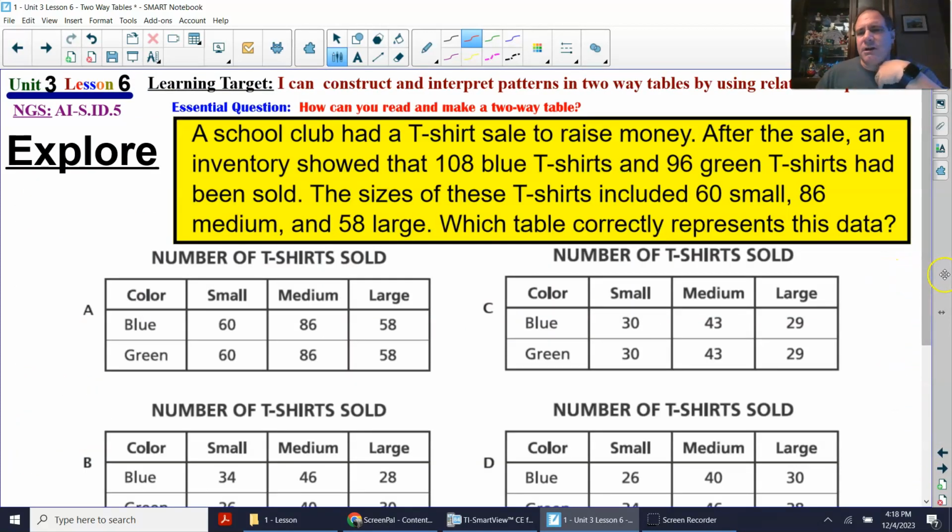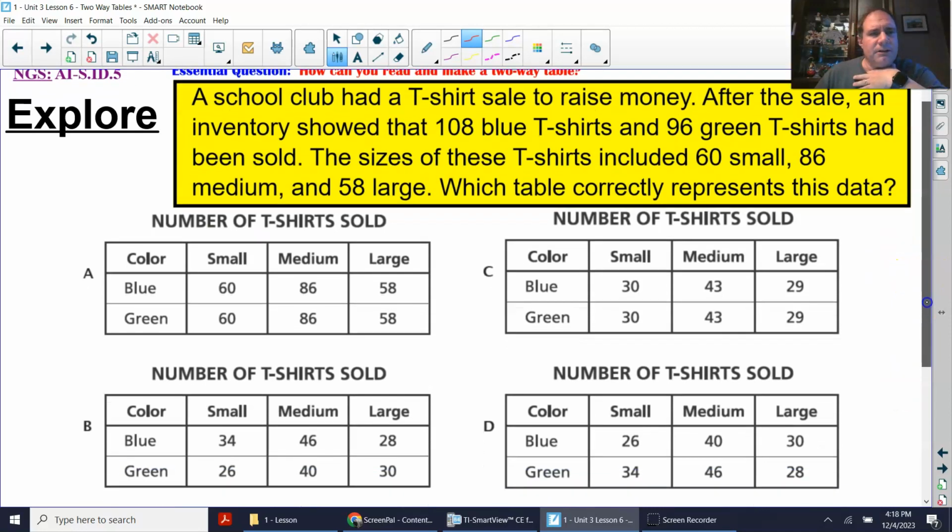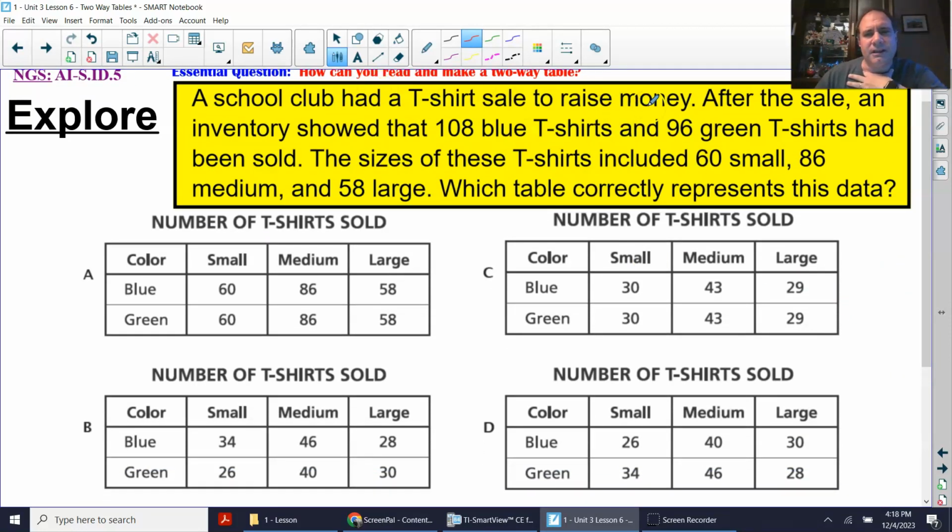All right, so this school club had a t-shirt sale to raise money. After the sale, the inventory showed that 108 blue t-shirts and 96 green t-shirts had been sold. I'm going to stop right there, and I'm going to use my choices to see if a table shows 108 blue t-shirts.